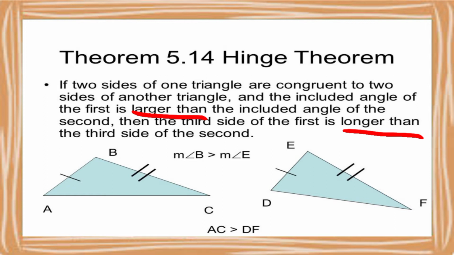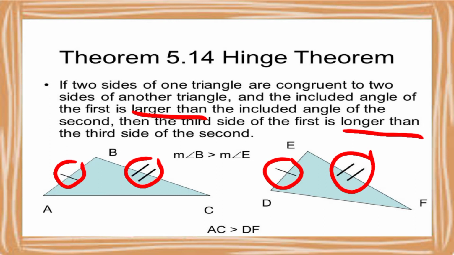If the two sides of the angle are congruent with another triangle, and the included angle of the first is larger than the included angle of the second, then the third side is longer than the third side of the second.